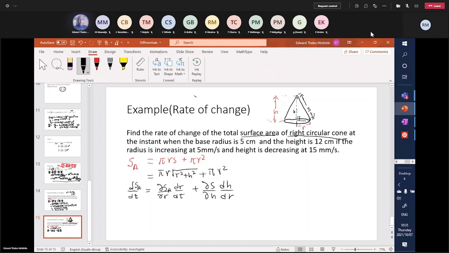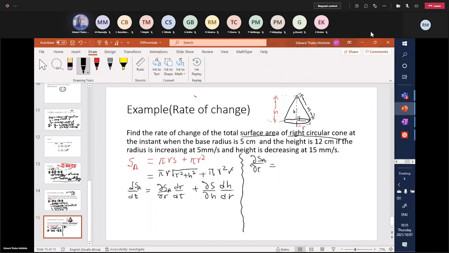So this is the formula that we use. Now we need to determine dS/dR, so let's differentiate with respect to R.